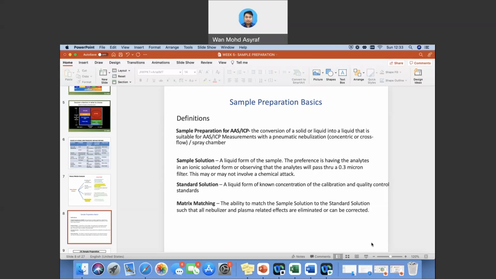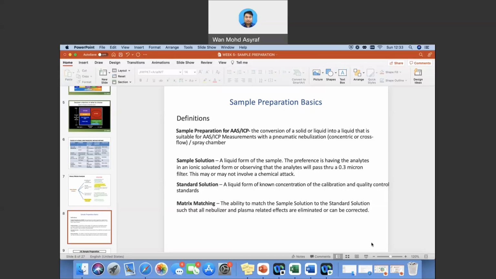So the copper standard needs to be in a solution form. Standard here means that you know the concentration already. So you say, I have a standard of 100 milligram copper in a solution, so basically 100 milligram of copper in 1 liter of solvent.